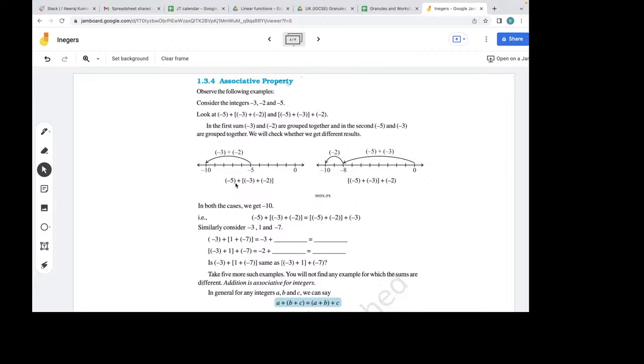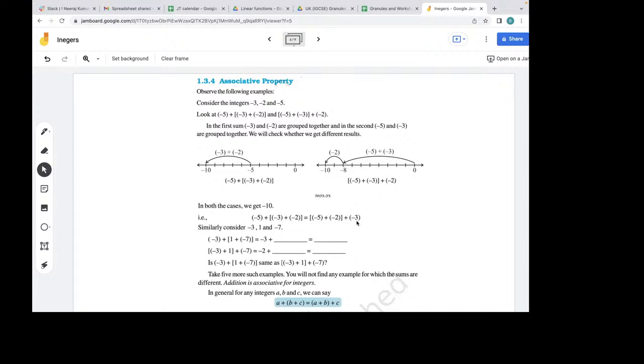So if you do this calculation, minus 5 plus (minus 3 plus minus 2), you will get minus 10. And if you do this calculation, you will also get minus 10 in this case as well. Okay, that's great. So in both cases we get minus 10. That is, minus 5 plus (minus 3 plus minus 2) is equal to (minus 5 plus minus 3) plus minus 2.